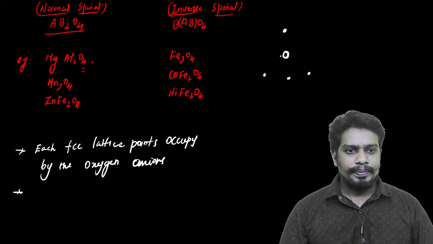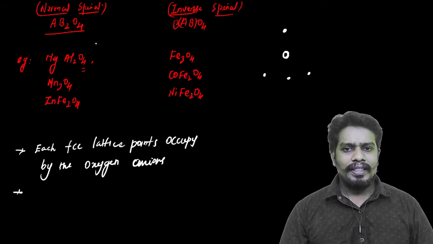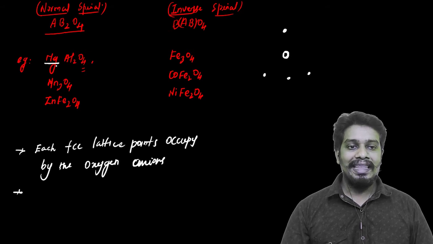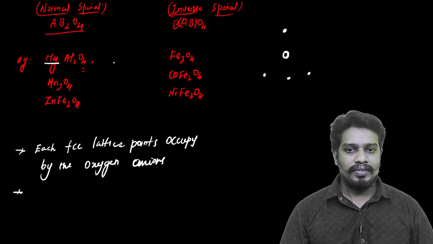So here the first element is a divalent cation. This divalent cation, in the first example MgAl2O4, the divalent cation Mg will occupy the tetrahedral voids.